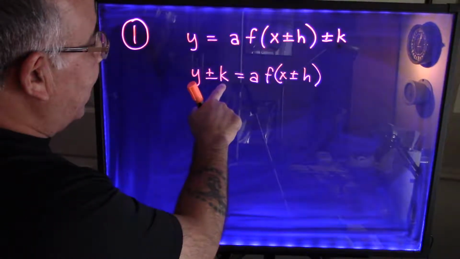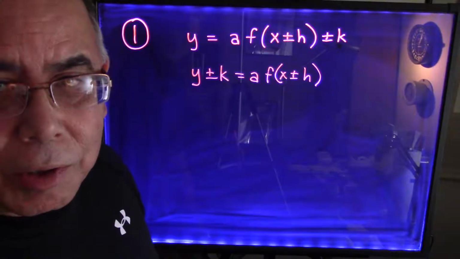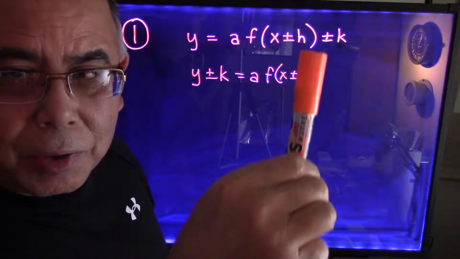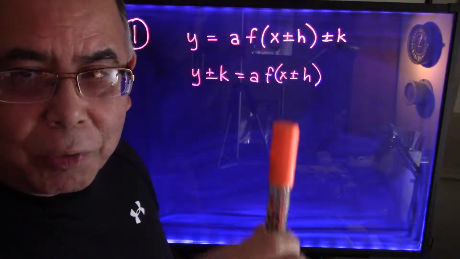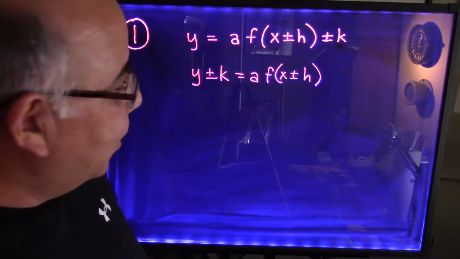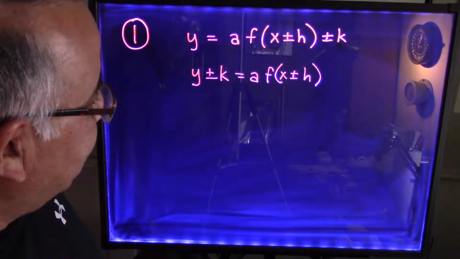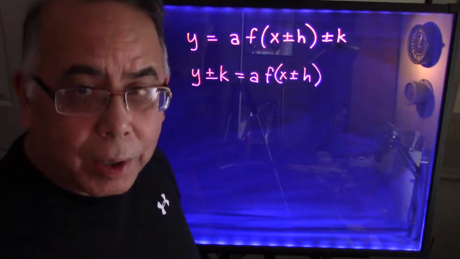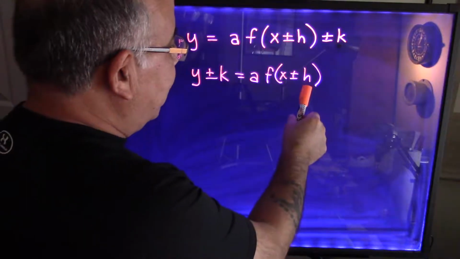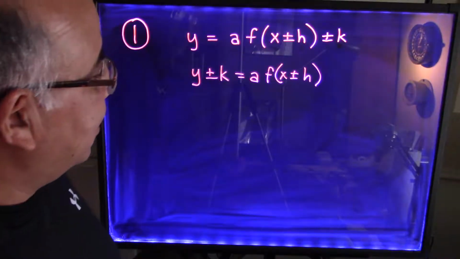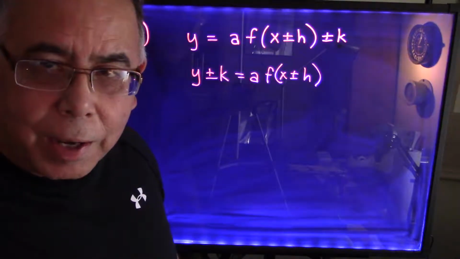The k next to the y tells you it's a vertical shift, because you can think of the y-axis as being vertical. Even though this may look a little strange or awkward, it is easier to remember this way. And the h next to the x tells you horizontal shift. Think of the x-axis.